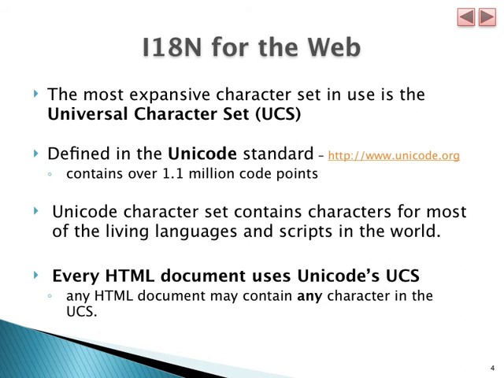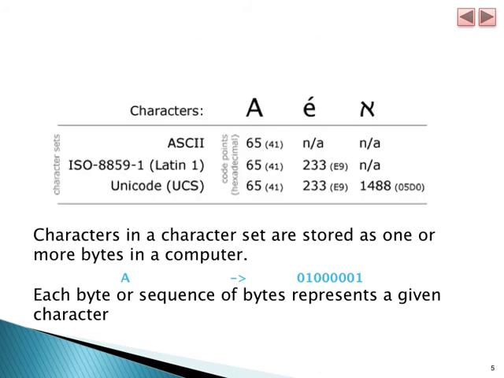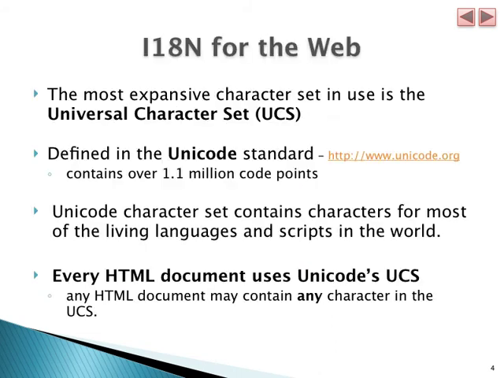Now, we have a universal character set, or Unicode. Well, I think I prefer to look at ASCII. So we're familiar with ASCII, which is a 7-bit code, and that doesn't really contain any foreign characters.